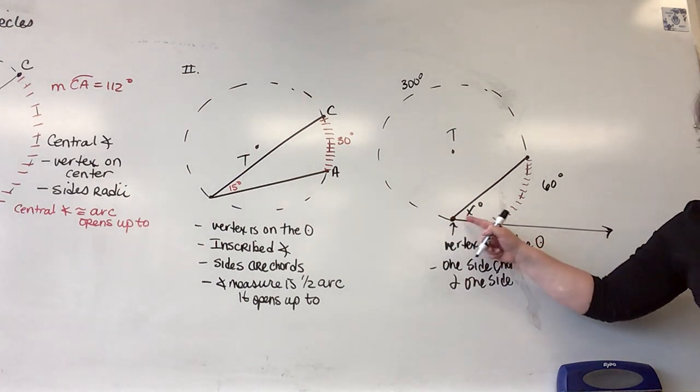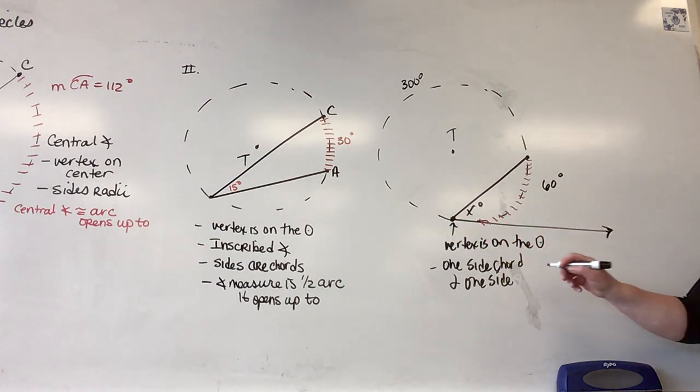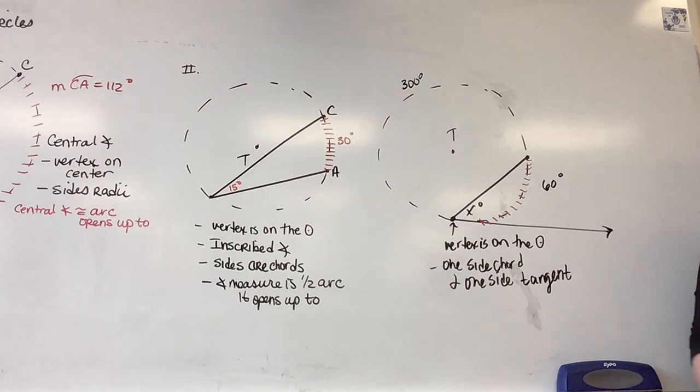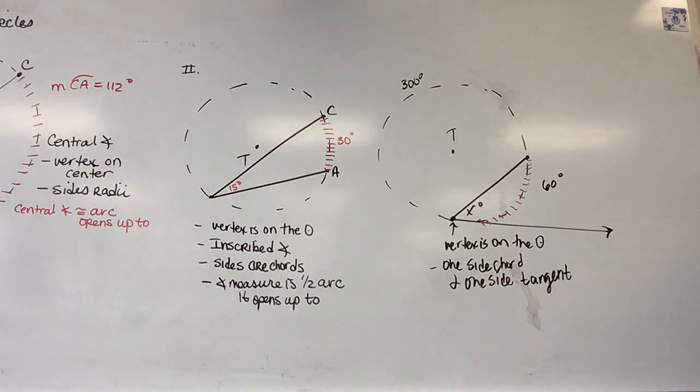If you would touch it and bounce off, tangent. You got it. So there can be some different combinations of the sides, and the sides do not matter, it's where the vertex of the angle is. And if it's on the circle, then you have to pay attention to find the arc that he opens up to. Okay, one more picture.